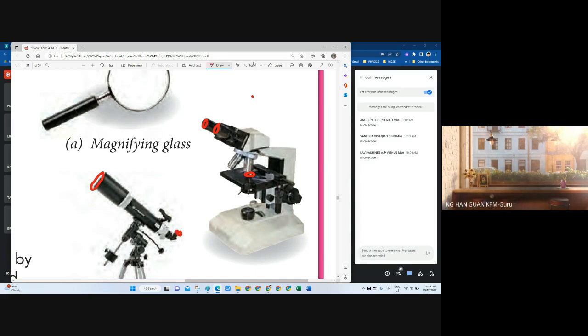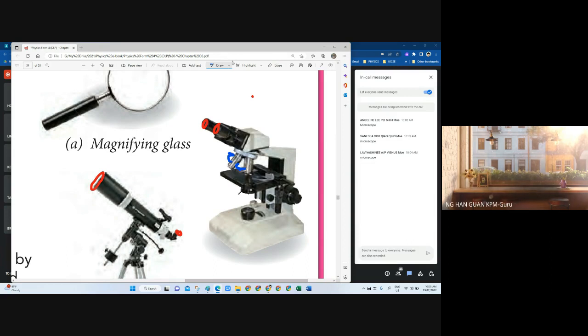So in reality, the length between the lenses for the microscope is actually not adjustable. It's fixed. What you adjust is what? You are changing to a different power.